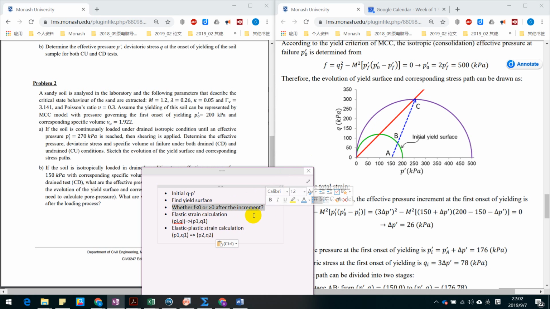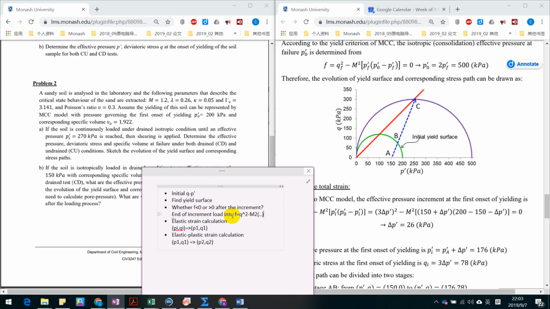And then the next thing we need to do is to calculate whether F is smaller than 0 or greater than 0 after the increment from A to C. So generally we plug the end of increment load into the equation F equals Q squared minus M squared, and so on.